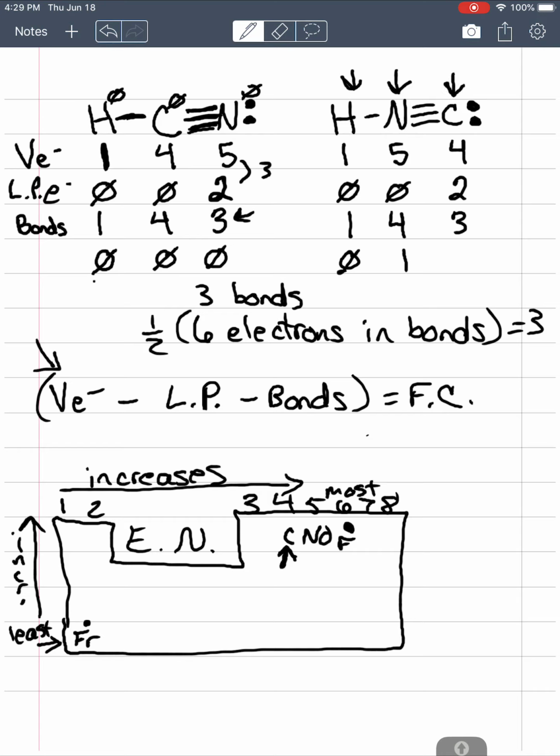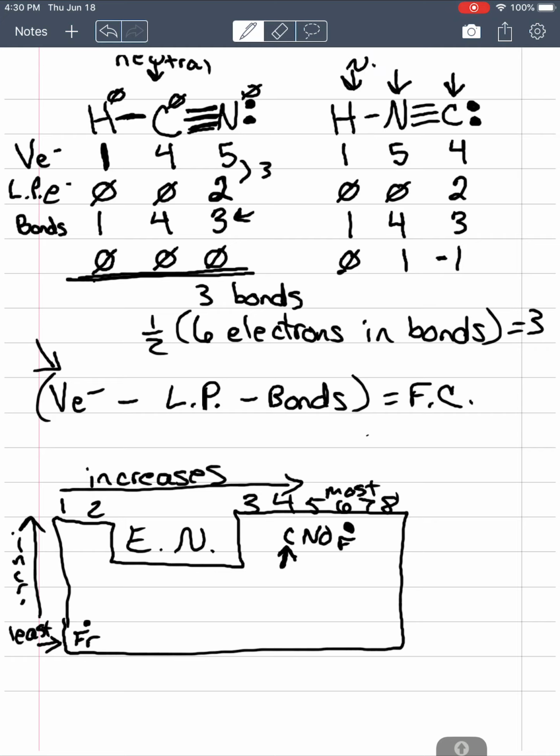Now we're moving to this carbon here, and the carbon is 4 valence electrons minus 2 lone pair electrons, so that's 2. 2 minus 3 is negative 1. So when we're looking at these 3 and we add them up together, 0 plus 0 plus 0 is 0, and this thing is neutral, so it all equals 0, so that's good.